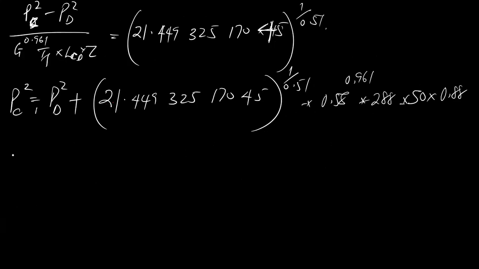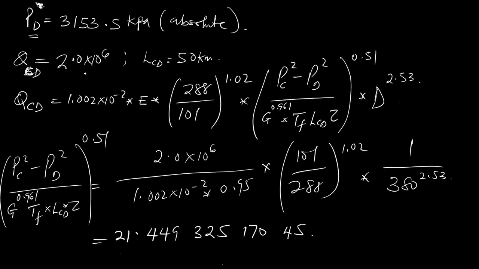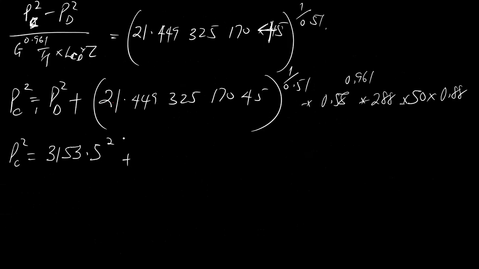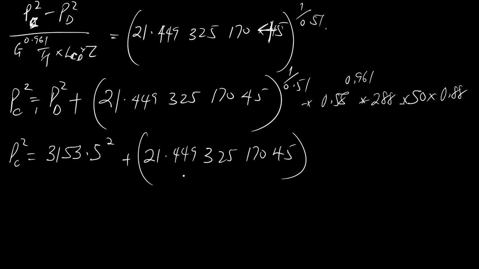Now let me see, PC square is equal to PD, which is 3153.5 square, plus the whole of this, which is 21.449,325,170.45 all raised to 1 all over 0.5, times 0.58 raised to 0.961 times 288 times 50 times 0.88.